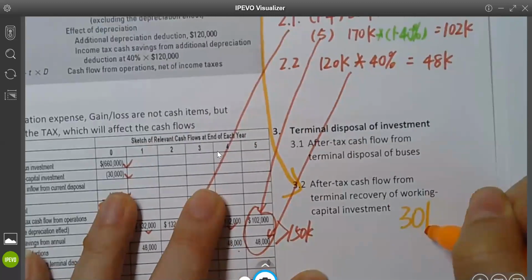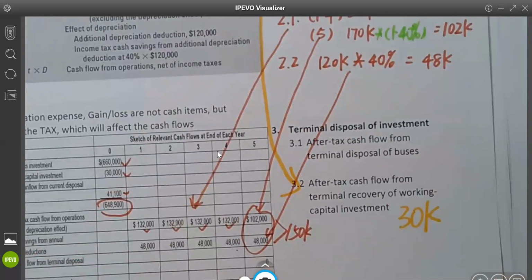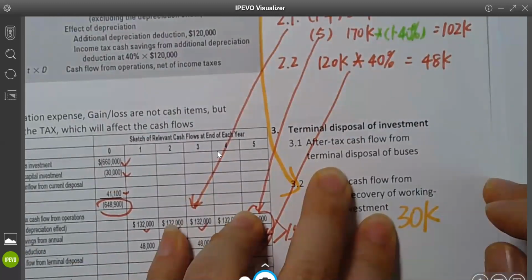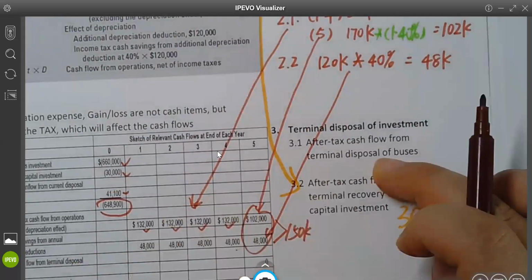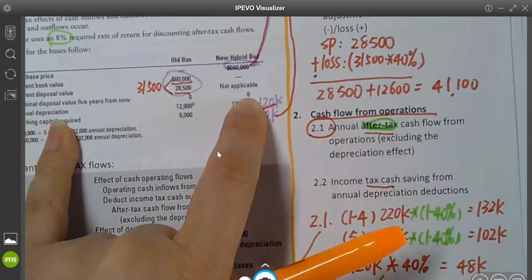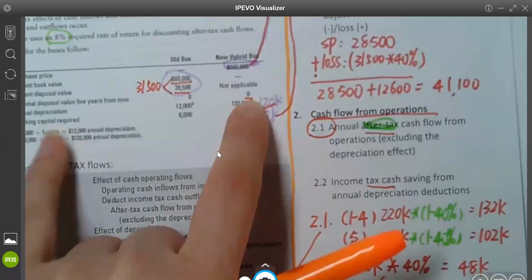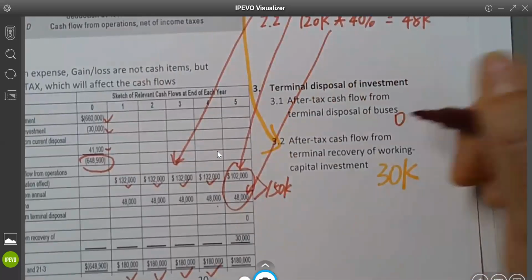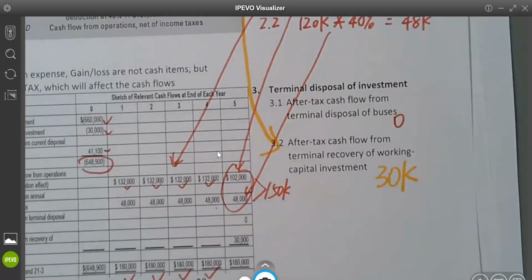We get our 30,000 back as the cash inflow. And then sometimes you sell your new box, but in this question we are lucky we don't sell the new box because at the end of the project, terminal disposal will be 0. So there is no gain or no loss. So we are very lucky.